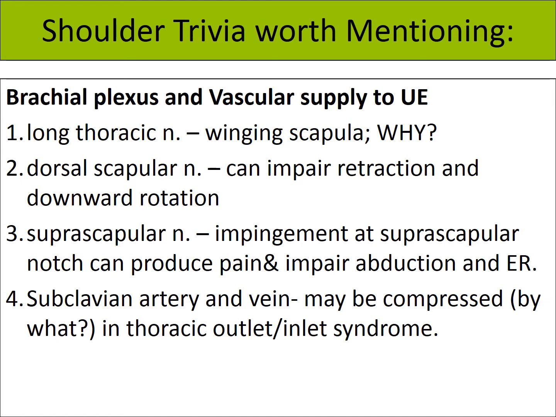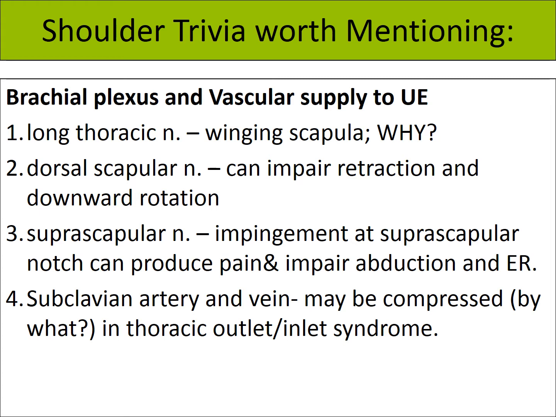If we talk about the subclavian artery and vein, this actually can be compressed as it travels through the anterior and middle scalene muscles. Also, if there's a presence of a cervical rib, it can cause compression of these. So tightness in these muscles or the presence of a cervical rib can compress these vessels.